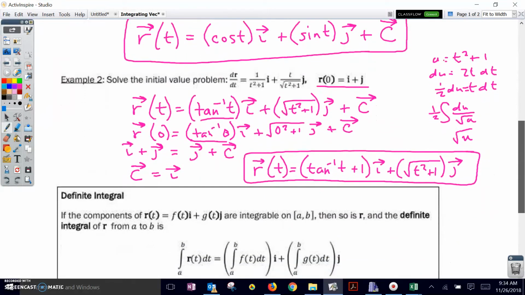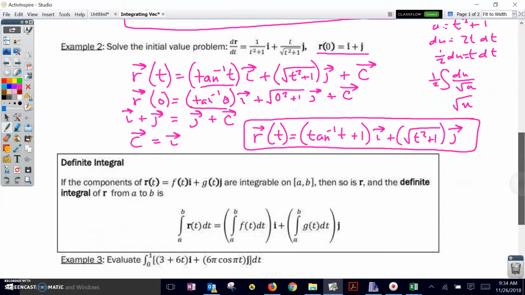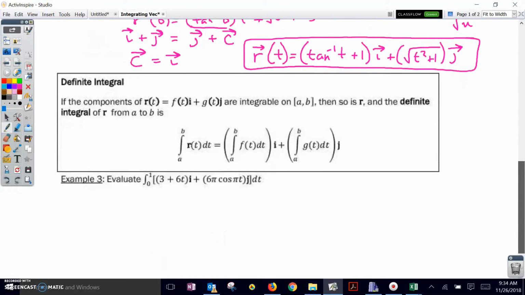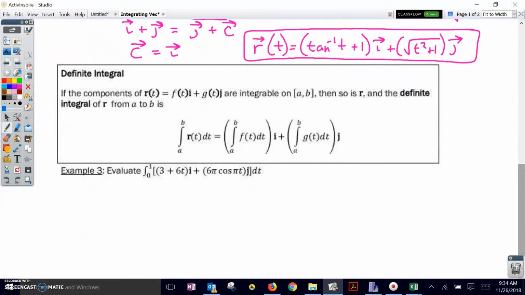Alright, continuing on. For a definite integral, all I'm going to do is take the definite integral of each of the individual components.